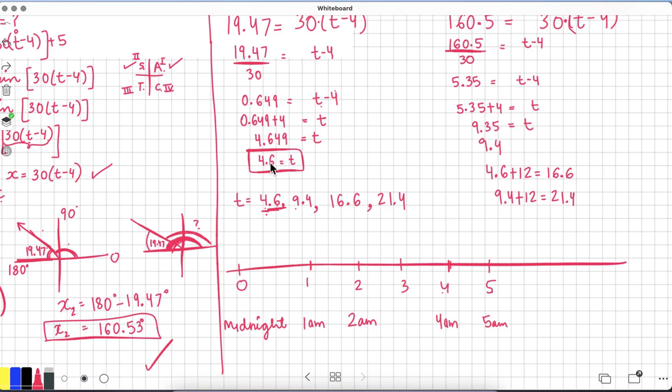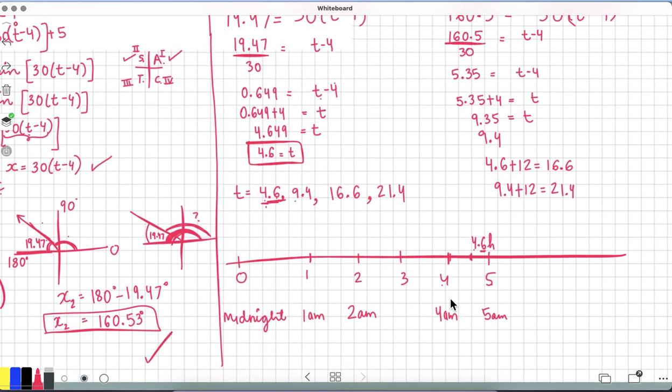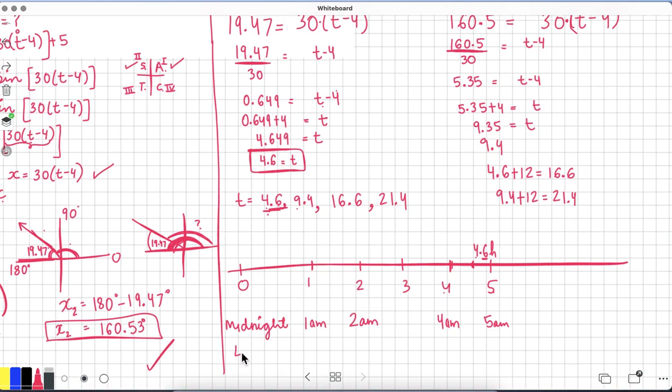So here we are saying 4.6 hours. We need to convert this one. We know that 4.6 is definitely going to be 4 a.m., but the 0.6 we have to convert into minutes, because remember, you can write the time with the hour and minute. So 4.6 hours means 4 hours and 0.6 hours.